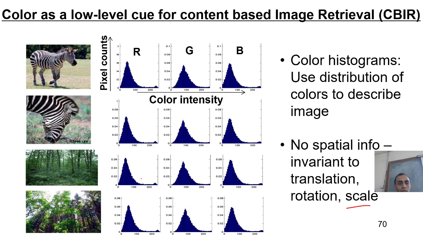These are some other examples of images. So as you can see, these two images have quite similar looking histograms. I don't know if these are the actual representation or just for depiction, but they have quite similar looking histogram distribution.